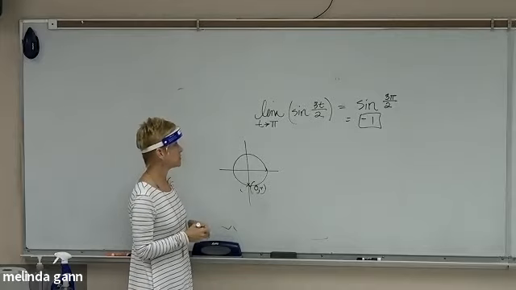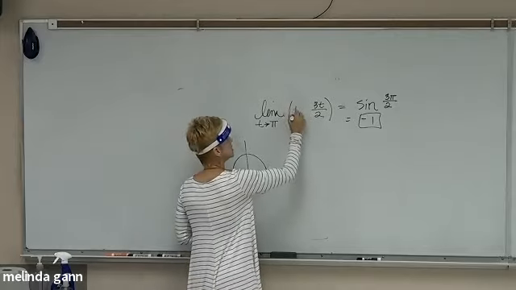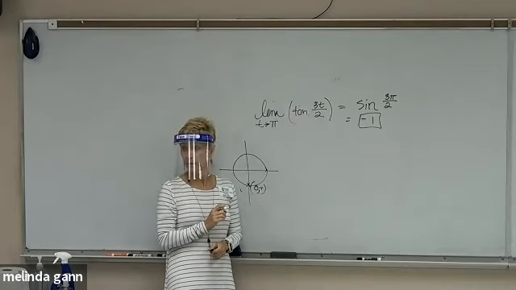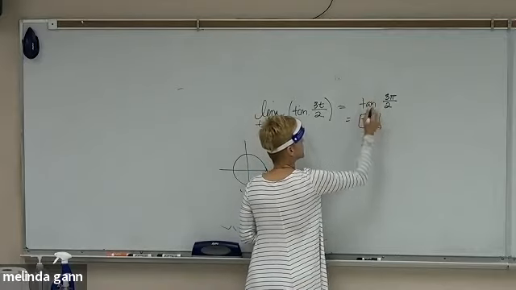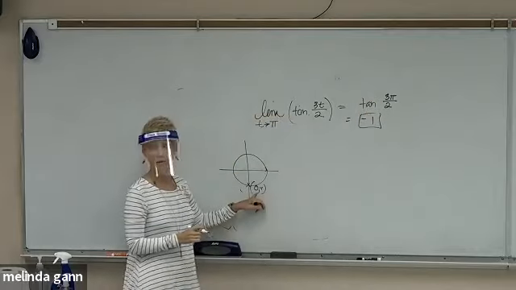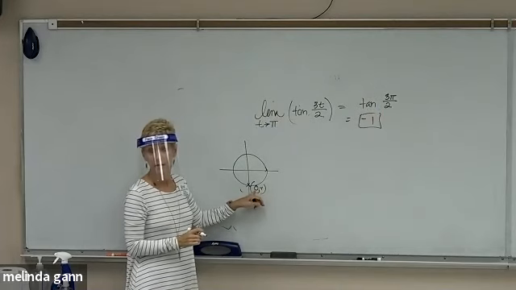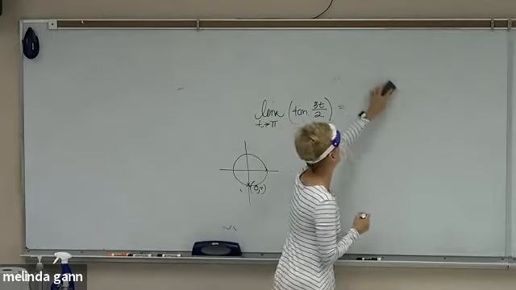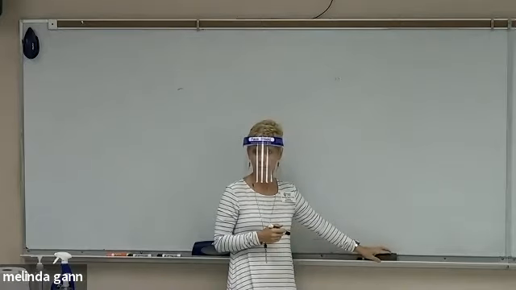But now, do you understand that I would have been in trouble if this had been tangent? If that had been tangent, what's the problem with tangent right there? I'd have -1 over 0. That's not in your domain, so you don't have permission to do that. Okay? Now, here's what I want you to do for a minute.